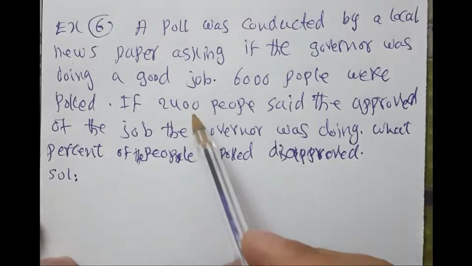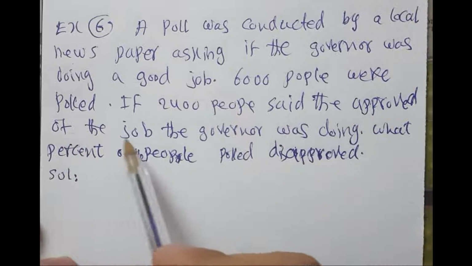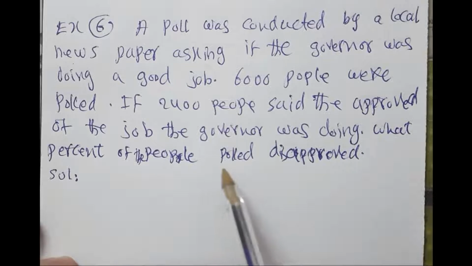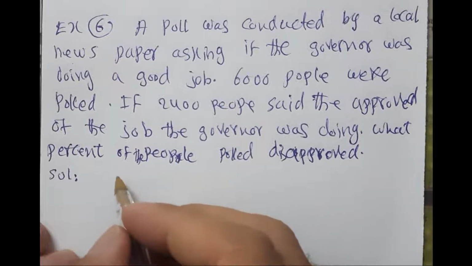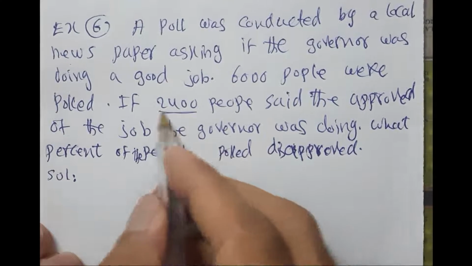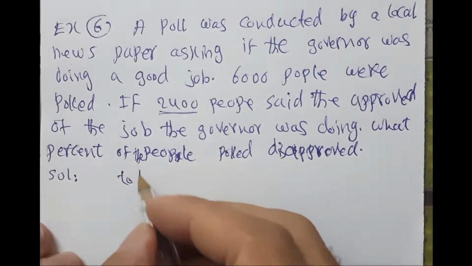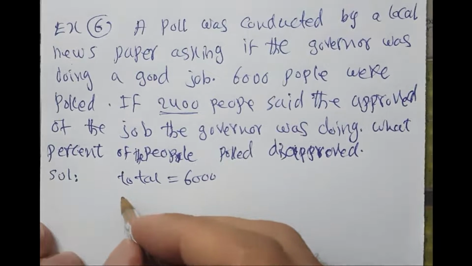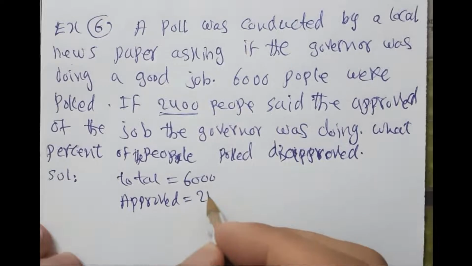If 2,400 people said they approved of the job the governor was doing, what percent of people polled disapproved? So those people who agree with the governor, the number of them is 2,400. So total we have 60,000, and approved 2,400.